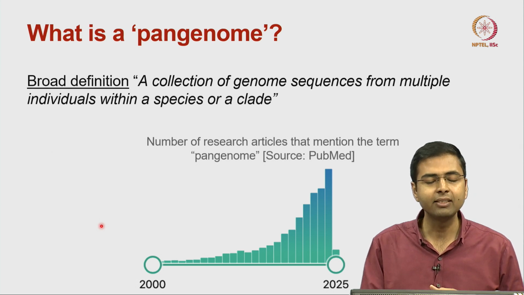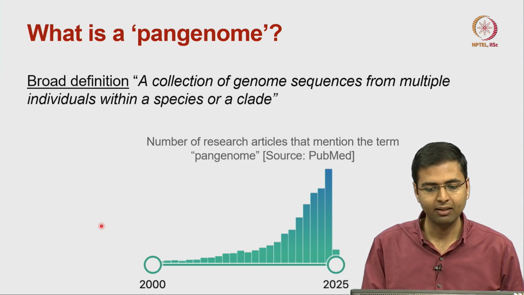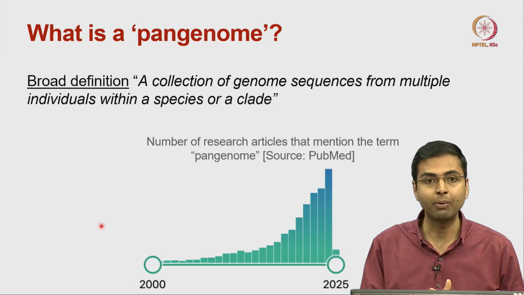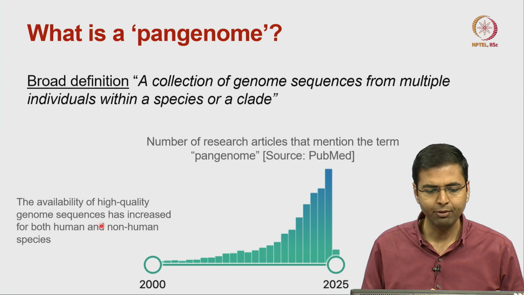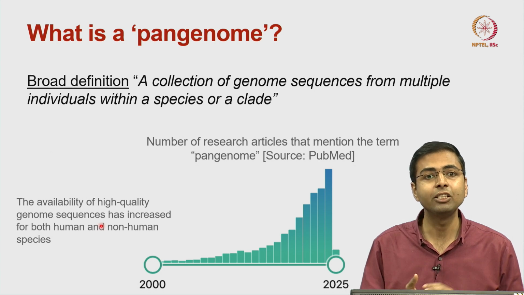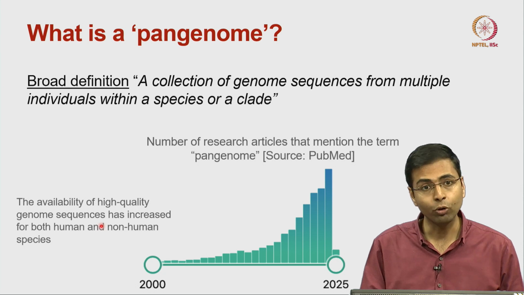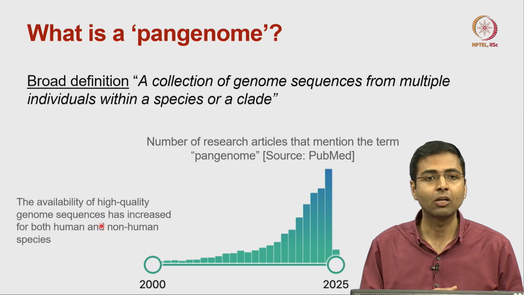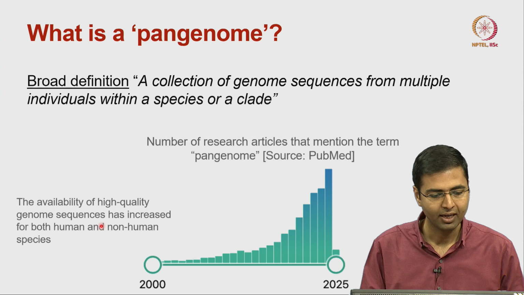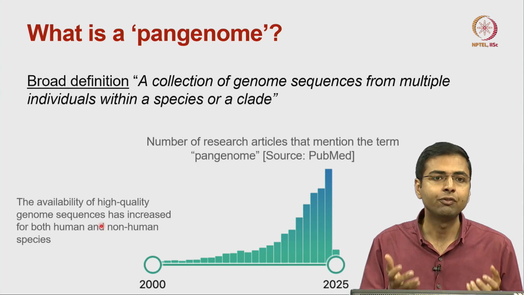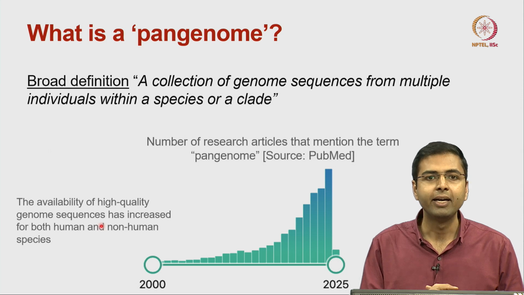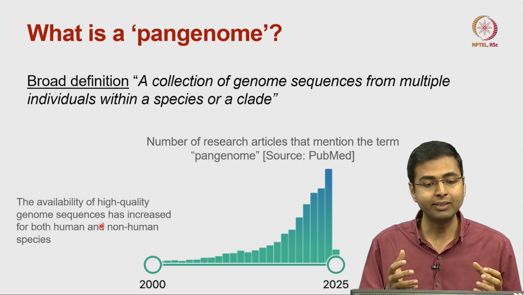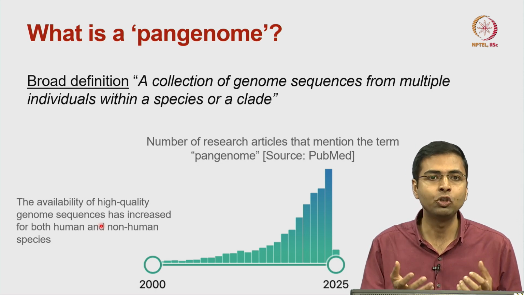The number of publications has increased, as we have gathered these statistics from the PubMed database, and this is partly because the availability of high quality genome sequences has more recently increased for both human as well as non-human species. Now, given the large collection of genome sequences available for many species, it is useful to analyze these sequences collectively through a pangenome based analysis.